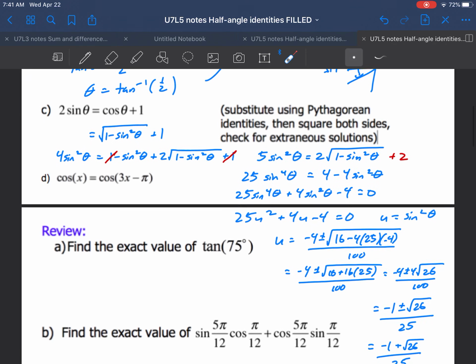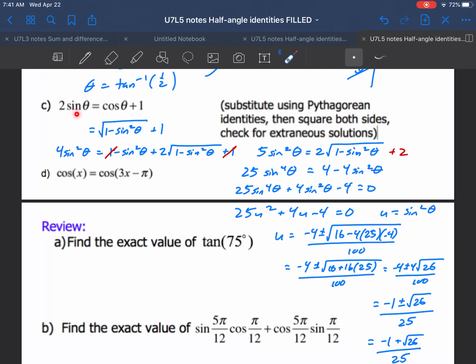I think what we wanted in the original is we meant to put this part as a negative 2 sine theta so that you could substitute the sine theta as square root 1 minus cosine squared, and then it would work out clean. So I want you to see what to do, but I'm actually going to just say forget about this equation, okay?